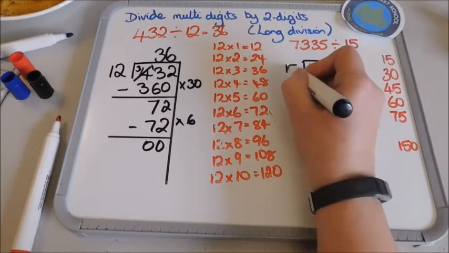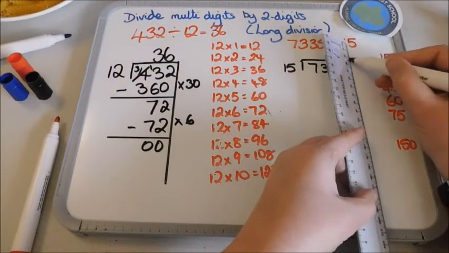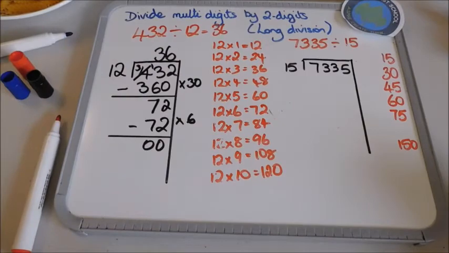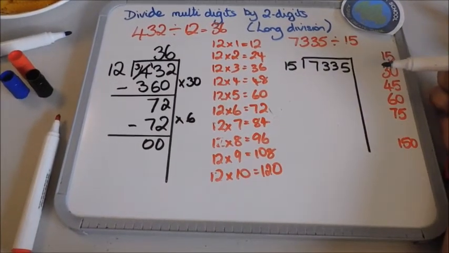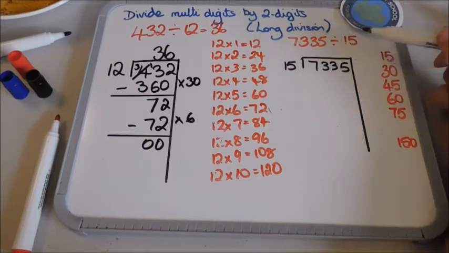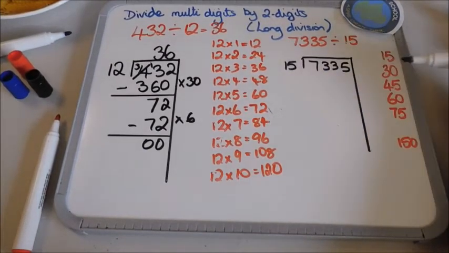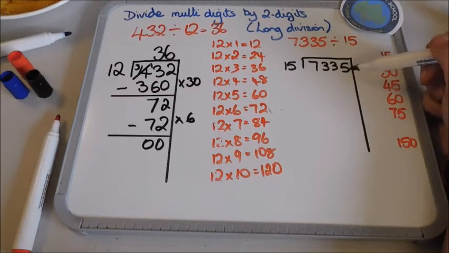So I'll put my numbers in: 7,335, and I am dividing by 15. Now this is obviously a much larger number, so I'm going to use my knowledge of the multiples to help me. I've got 7,335. How many 15s in that?